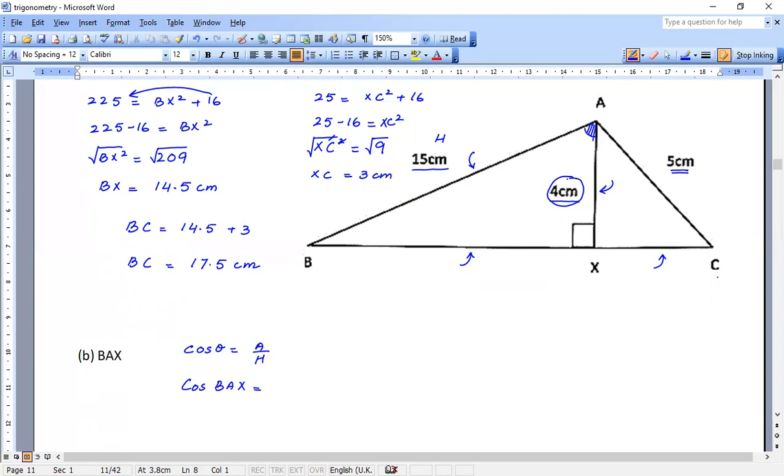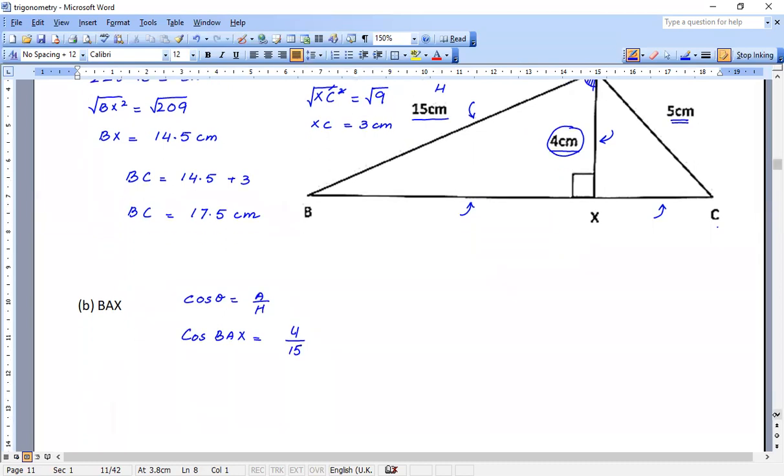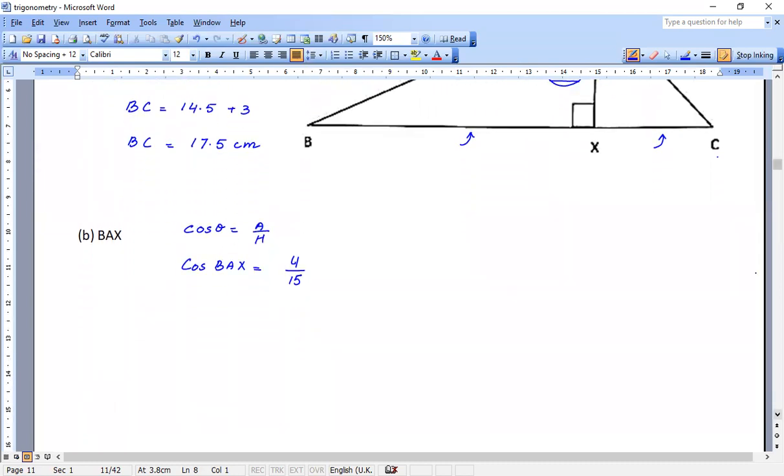So adjacent is going to be 4 and hypotenuse is again 15. Since I have to find out angle BAX, I'll have to remove that cos. Cos will move to the right hand side and it will become cos inverse of 4 upon 15.